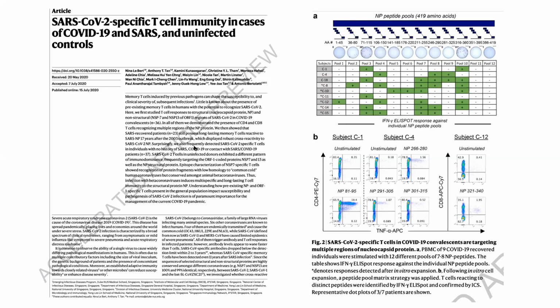Surprisingly, we also frequently detected SARS-CoV-2 specific T cells in individuals with no history of SARS, COVID-19, or contact with SARS-CoV-19 patients. Okay, so Parimala, do you think that they did produce new data or they did not produce new data? Okay, so actually, yeah, they did produce new data, right?